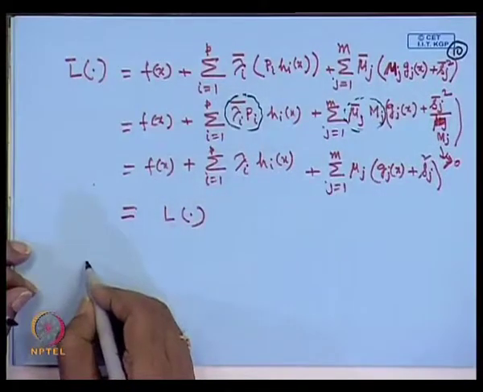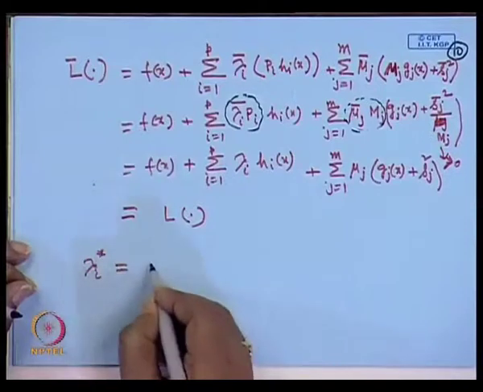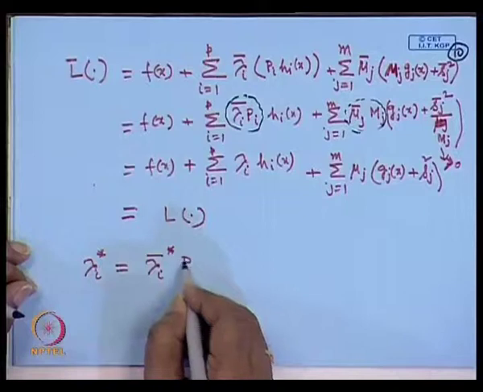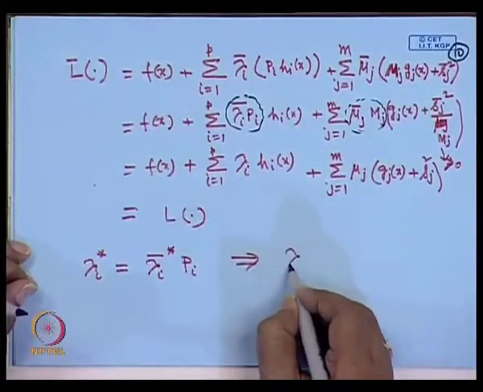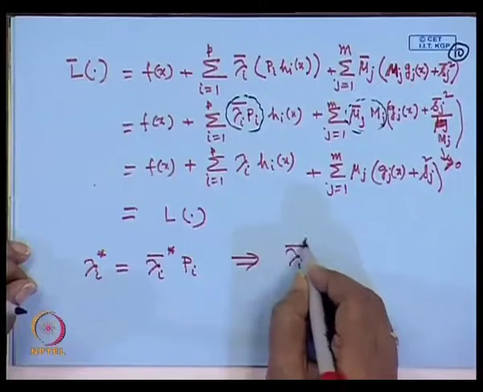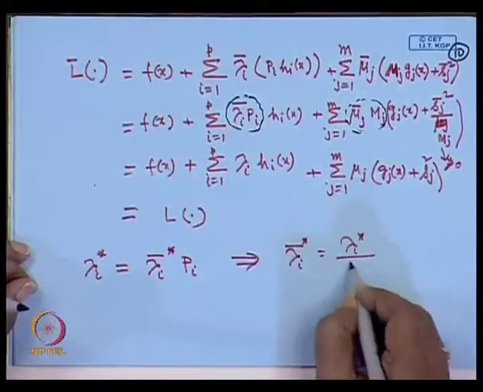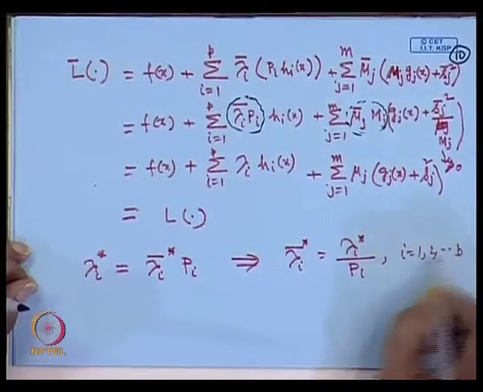So, we can write that lambda_i star optimal is equal to lambda_i bar star p_i, which implies that lambda_i bar star is equal to lambda_i star divided by p_i, and i varies from 1 to p.